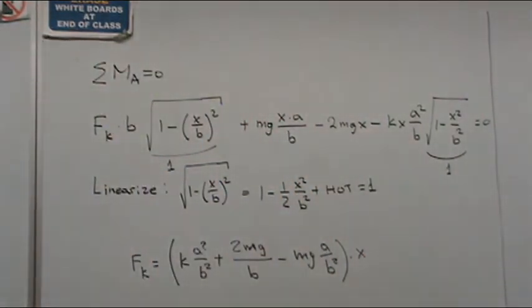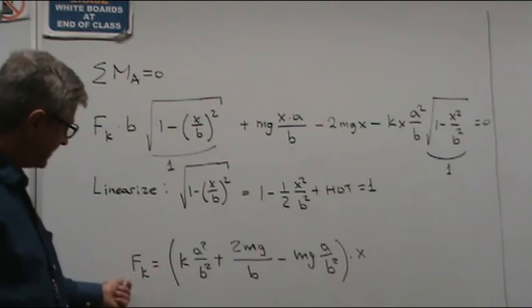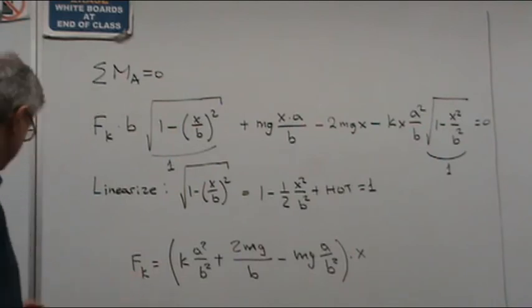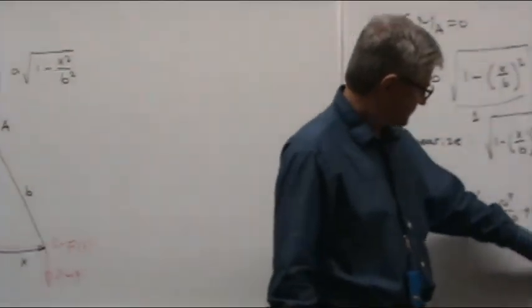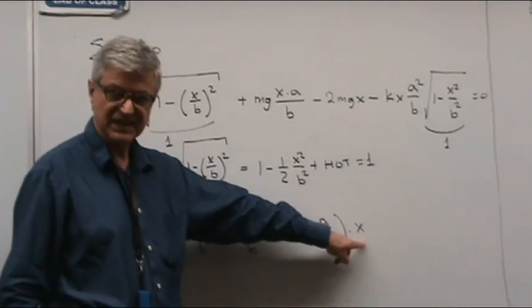Okay? So the force that is required to produce a displacement equal to x at this point is this quantity, which is a constant, times the displacement.